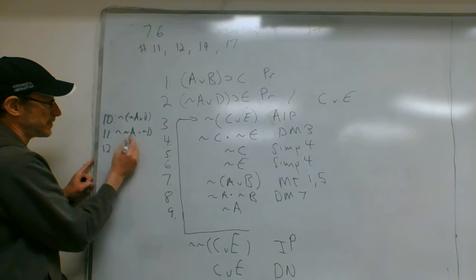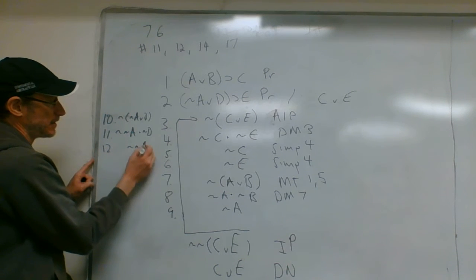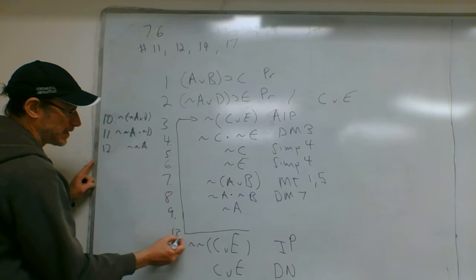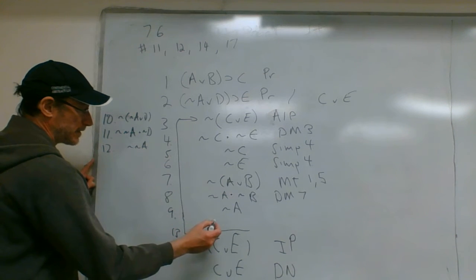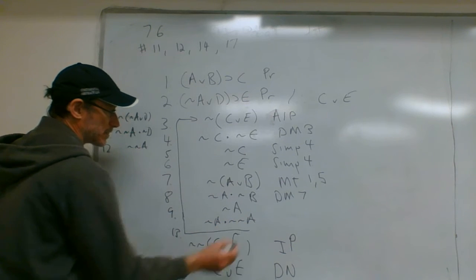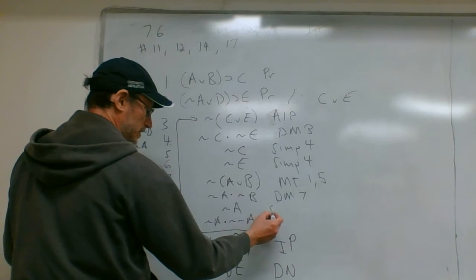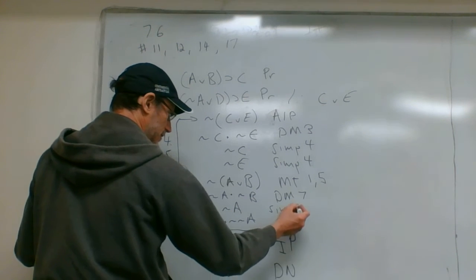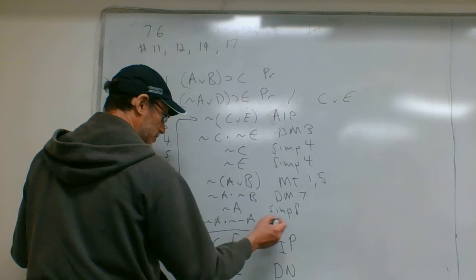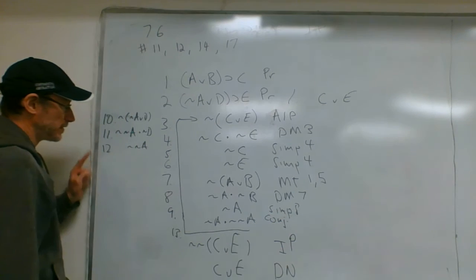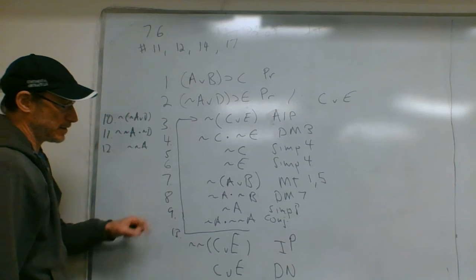And then we would simplify to get that not A. And look, we have a contradiction. So this would be step 13. We would have not A and not A, which is a contradiction. So this was simp on step 8. And this is conjunction of 12 and 9.